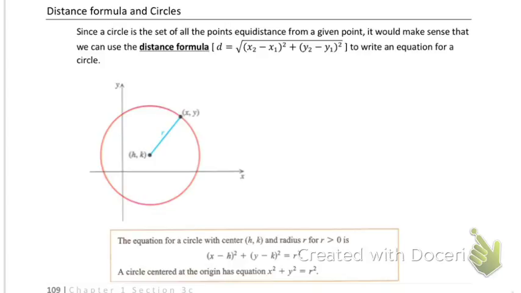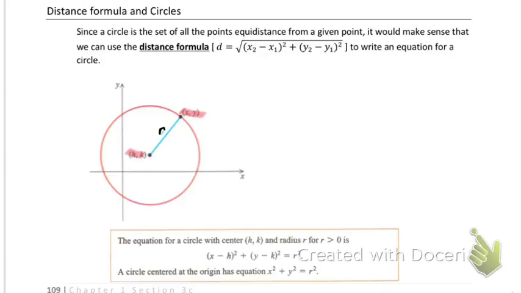Let's highlight that. And we also have a center value, which is h and k. So instead of x sub 2's and x sub 1's, we're using x's, h's, k's, and y's. And instead of distance, we are going to use r. So rather than d, we're going to use r.